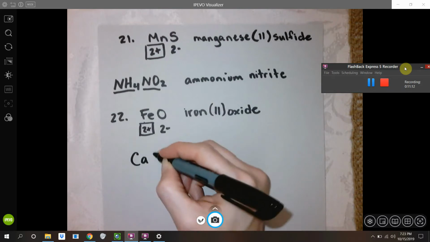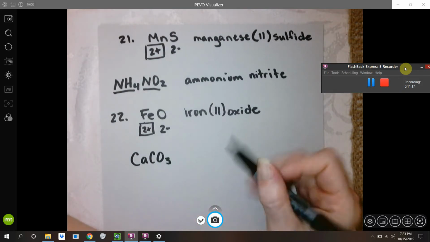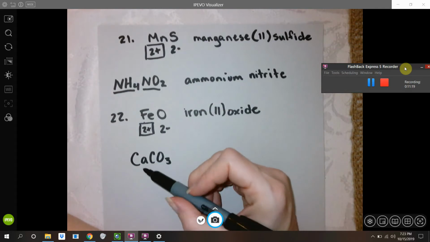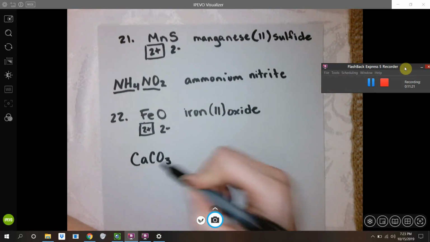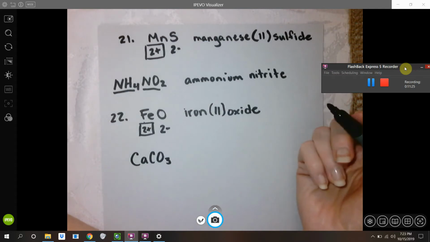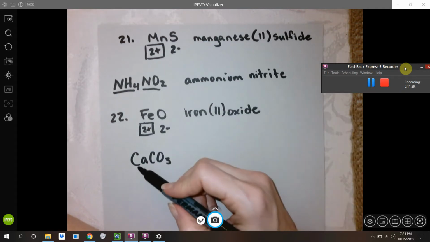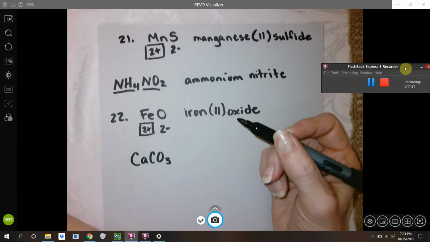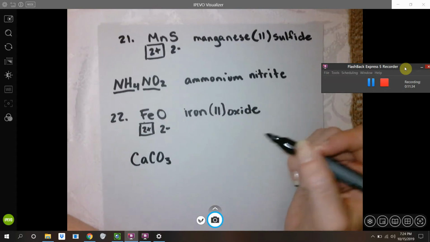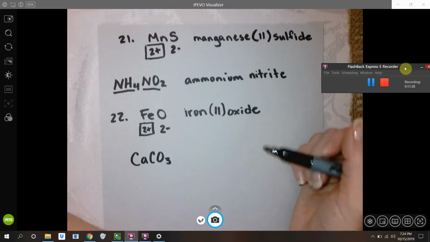Next, CaCO3. So here, again, with the questions, is it ionic or is it covalent? This one is ionic because there's a metal and some nonmetals. We notice that there's more than 2 types of atoms, so there is going to be a polyatomic ion. And we can look and say, calcium, okay, that is not a transition metal, so all we have to deal with is an ionic question with a polyatomic ion, no transition metal.